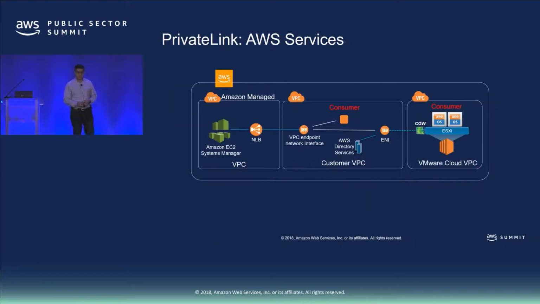The difference here is that when we're going back to this model, now that VPC on the left is the VPC for the service. We have the EC2 Systems Manager. The VPC is managed by AWS. You as a consumer create a private endpoint for EC2 Systems Manager. You get a private IP address within your VPC.